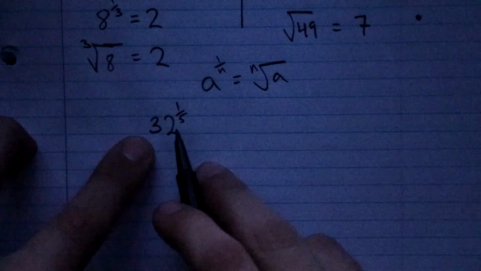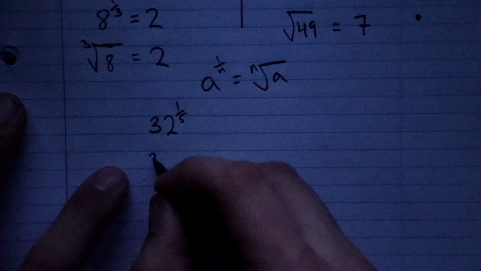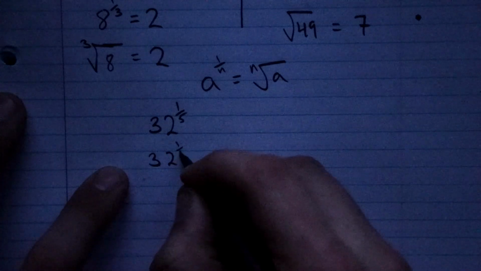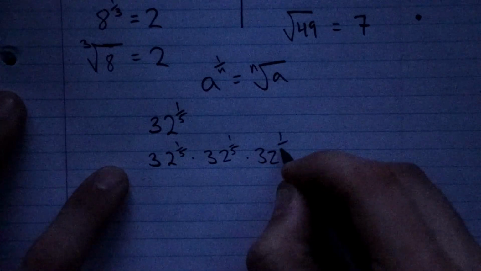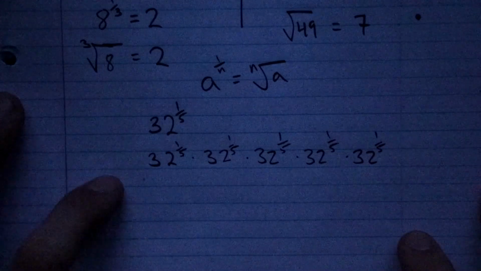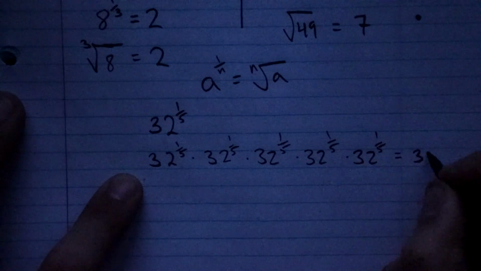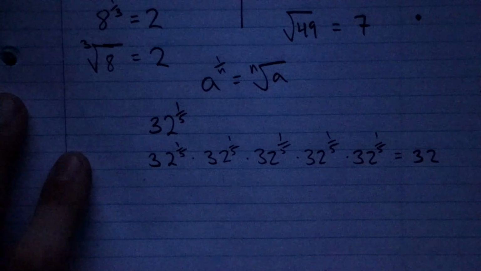Now, I don't know what this equals, but I do know that it has the property such that if I multiply it by itself 4 more times, I know that if I multiply it by itself this many times, 1, 2, 3, 4, 5, we get 32 because we can add exponents.